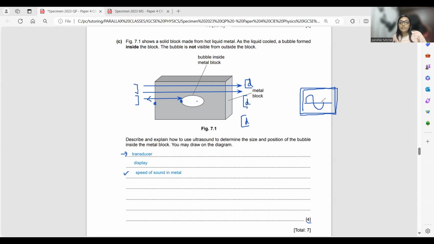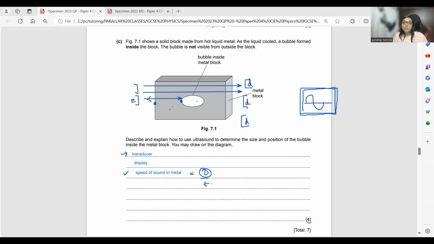The signal will be visible, and therefore you can look at the time it took to return back to the original emitter source. So you will be able to calculate the distance because speed of the sound is actually what? It's distance over time. So if you know the distance, that means you know the location of this air bubble.